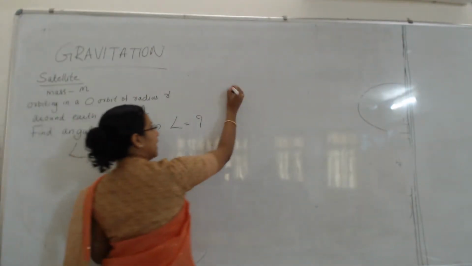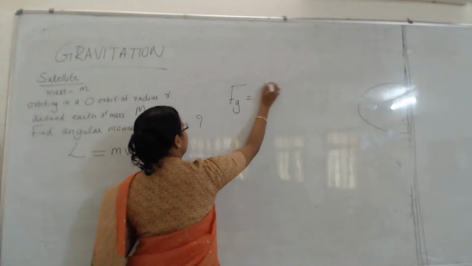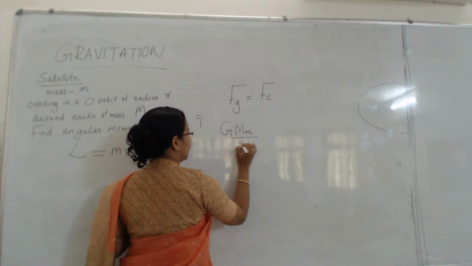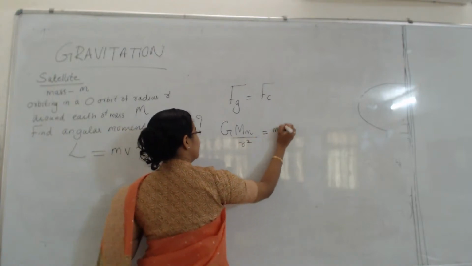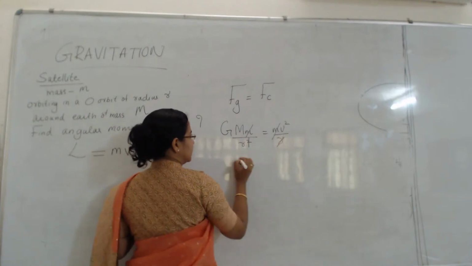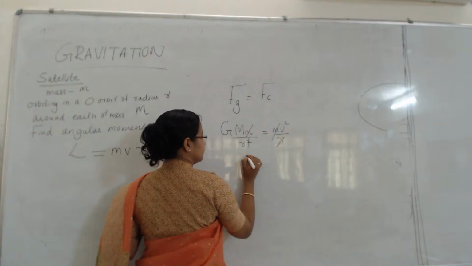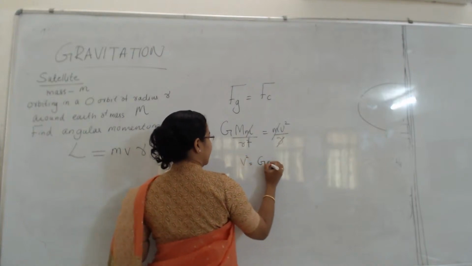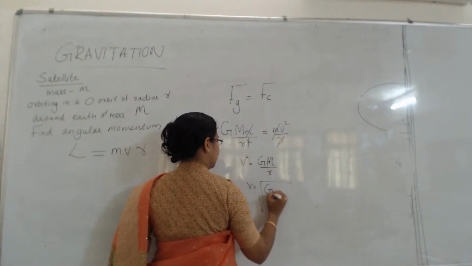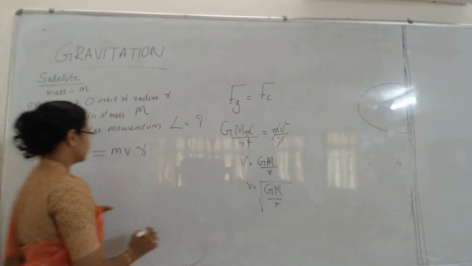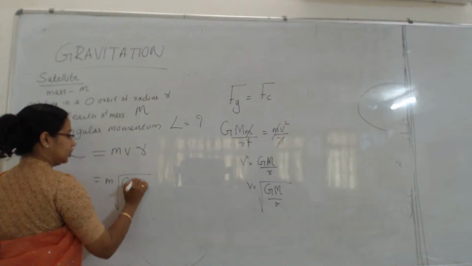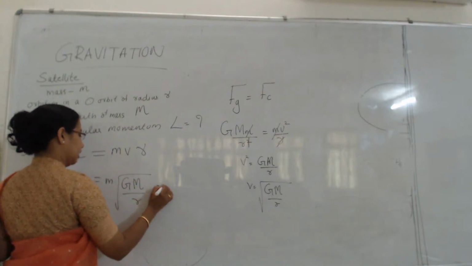The gravitational force is converted to centripetal force, that is G Mm by r square is mv square by r. v cancel, m cancel, r cancel, v square is GM by r, v equals root over GM by r.